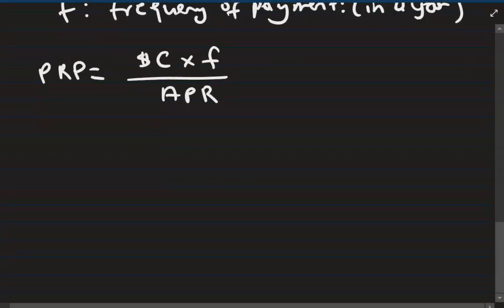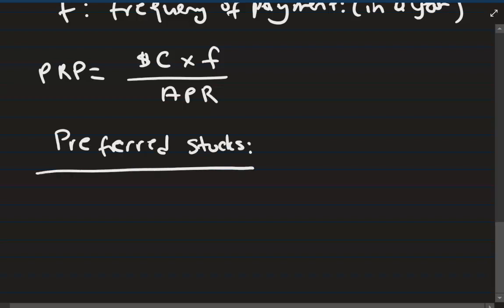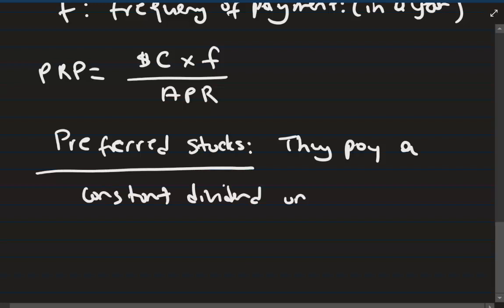Another example, and I'm going to use this to calculate value of a commonly used financial instrument. They are called preferred stocks. These are instruments that are technically not stocks. They pay a constant dividend until the end of time, or until the company goes bankrupt, obviously.